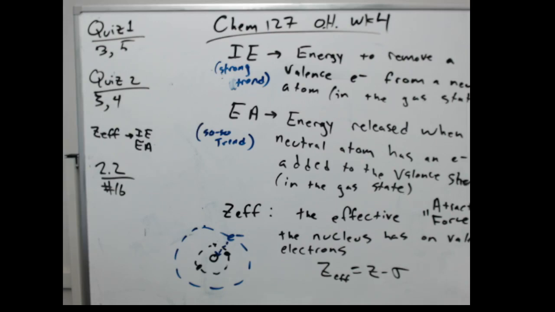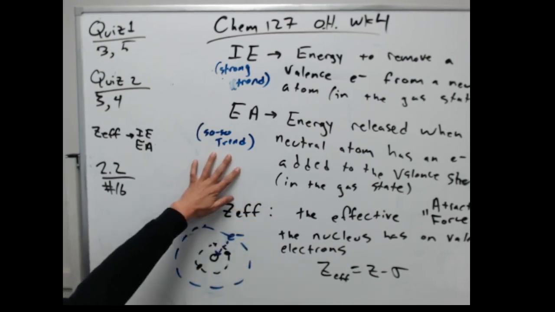Question before we do that? Is there a relationship between the effective nuclear charge and the electron affinity? Yeah. Roughly, but not perfectly. That's because electron affinity has more than just attractive forces playing in it.